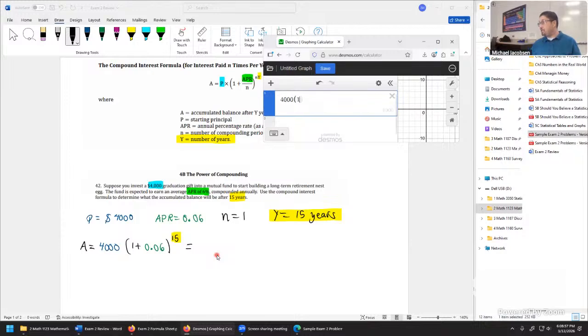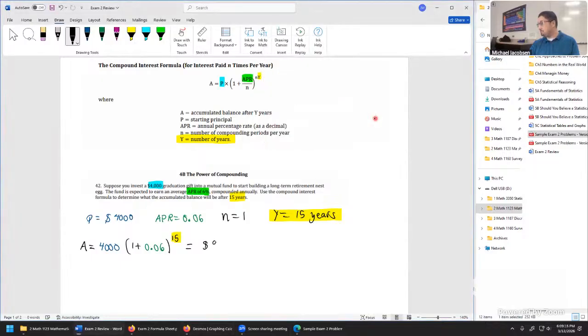So take 4,000, 1 plus 0.06, raise it to the exponent of 15. And for these kinds of problems, if it's money, it's implied that we'll round this to the nearest cent. So after 15 years, $9,586.23.